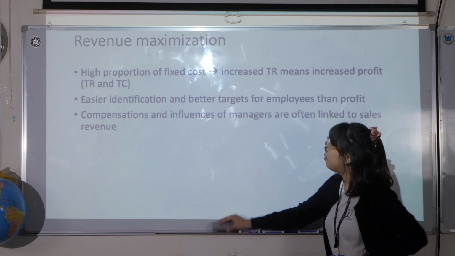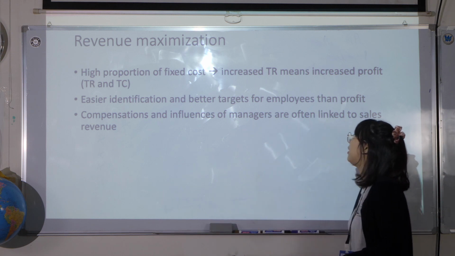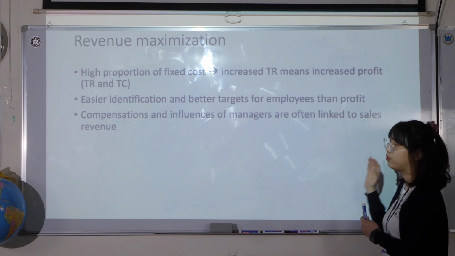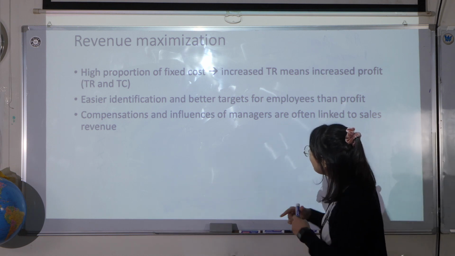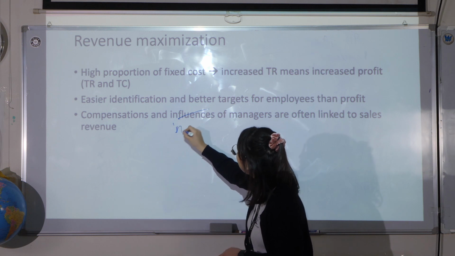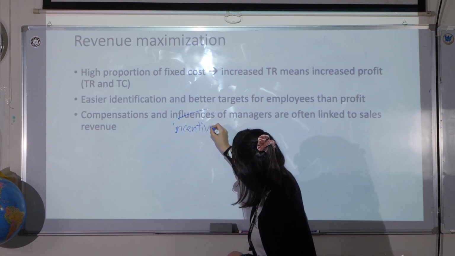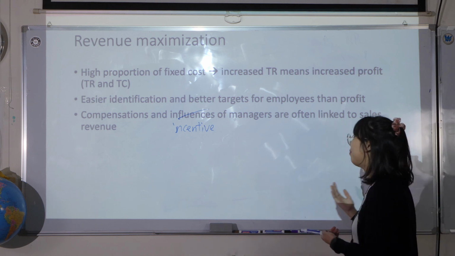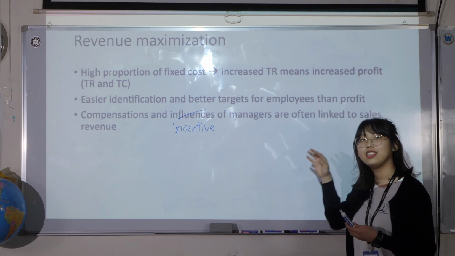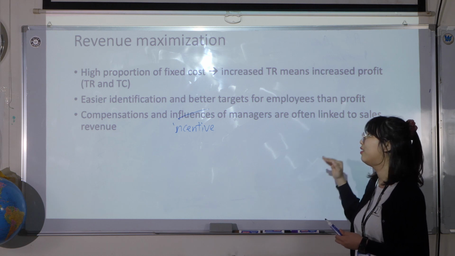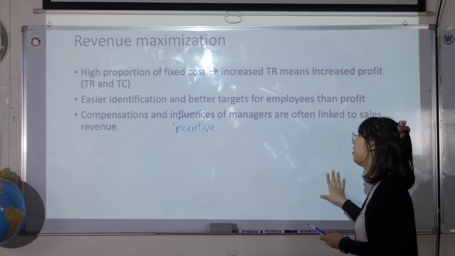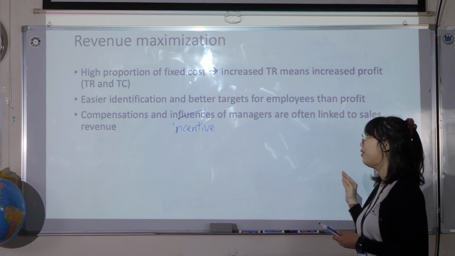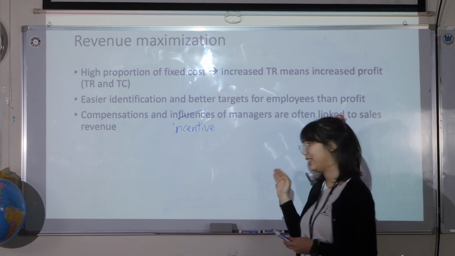And third, compensation and influence of managers are often linked with sales revenue. I think by this I mean incentive. Managers may have more incentive because they achieved the revenue that they were wanting to achieve. So these are some of the reasons why a firm may choose to revenue maximize.